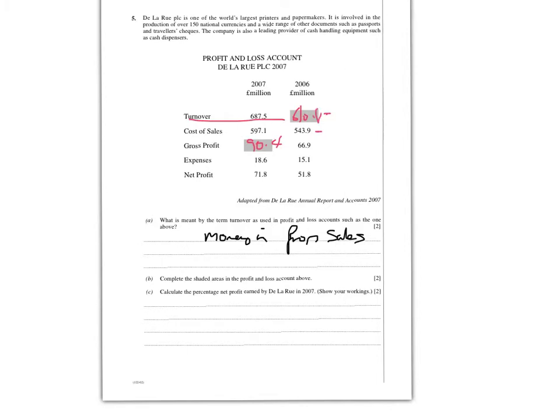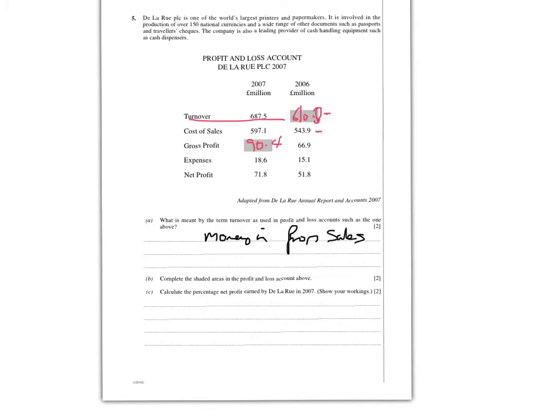Now, I'm always a bit careful with these things, so I put the number back in to see if I'm right. So I do 610.8, take away 543.9, and the answer should be 66.9, and it is, so I know my answer's right. So already I've got my 4 marks so far.